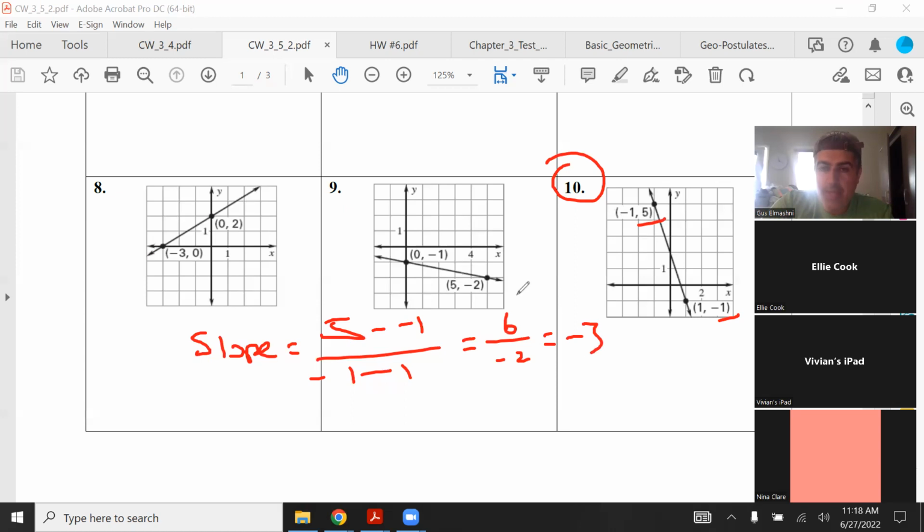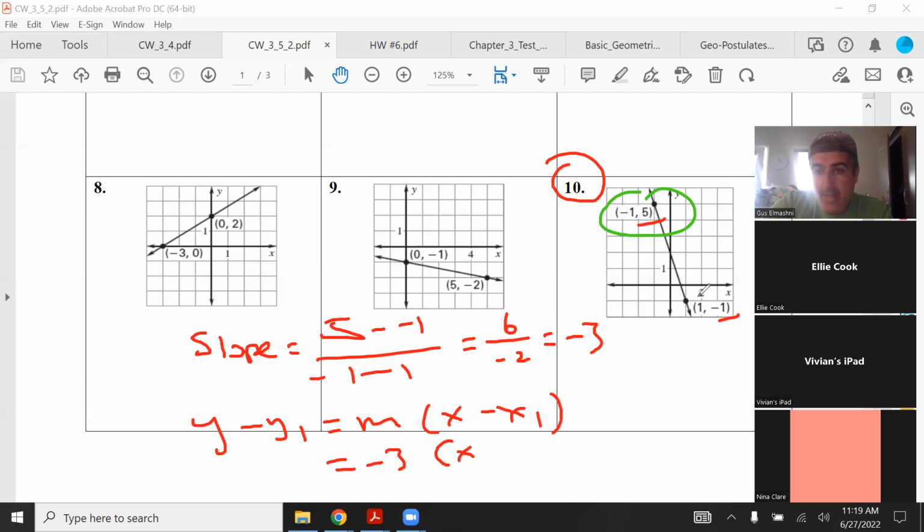Okay, slope is -3. Now, what you could do is use the point slope form. And you could use one of these coordinates. You could use either one, either -1, 5 or 1, -1, totally up to you.